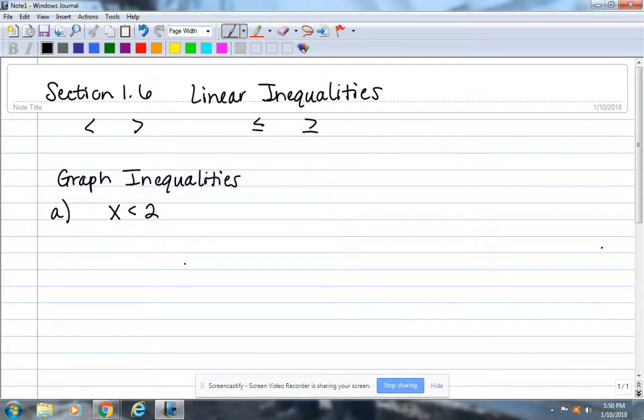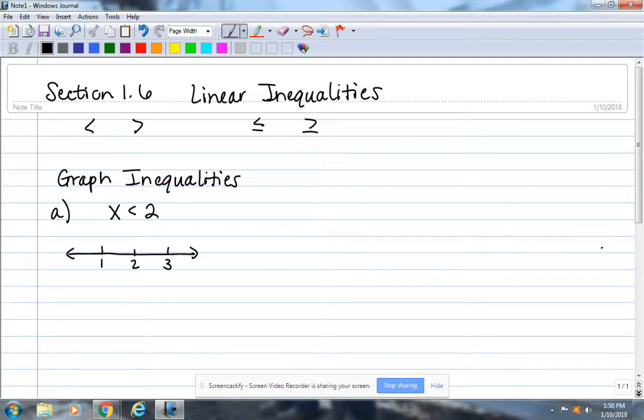What that means is we're going to make a number line. We'll put a few numbers on it. Obviously 2 will be one of those numbers. I'm not big on you making a huge number line, so I just made a really small one. Just make sure 2 is on there somewhere. When we graph x is less than 2, we want to show on our number line all the solutions that are less than 2.